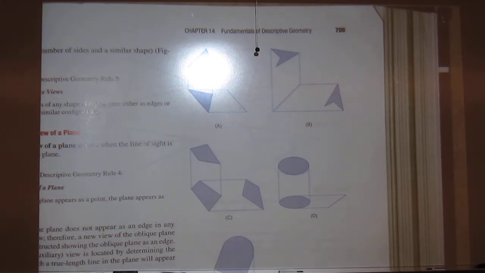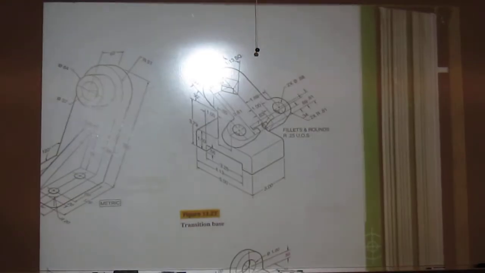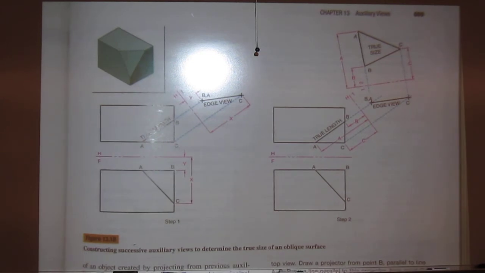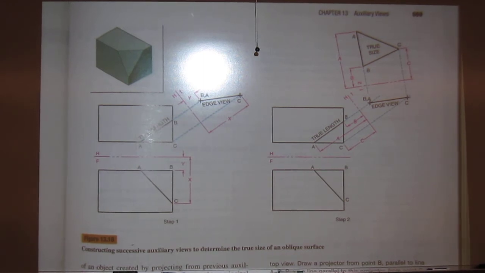So let's go back to chapter 13 and look at figure 13-18. It's this one right here on page 669. In essence here, we've got an oblique plane.